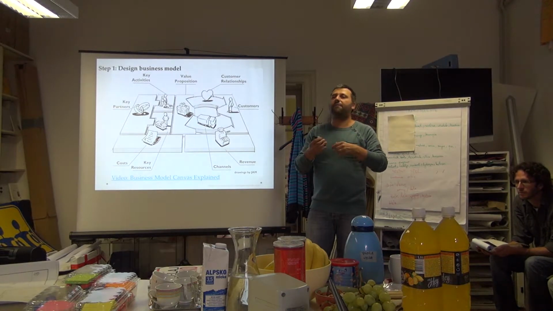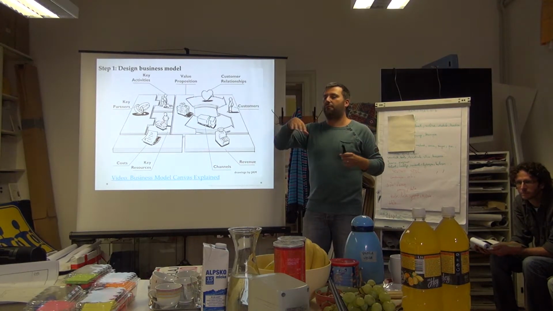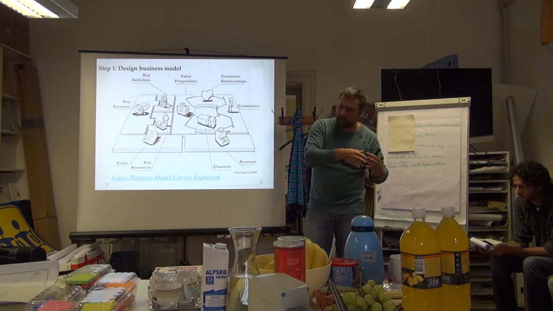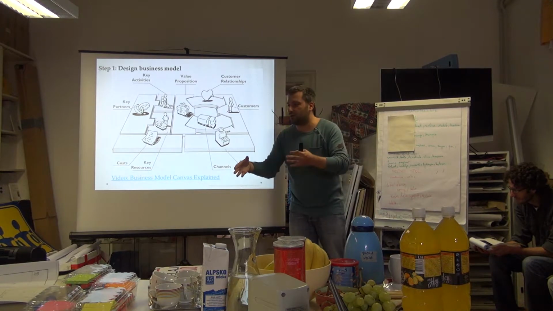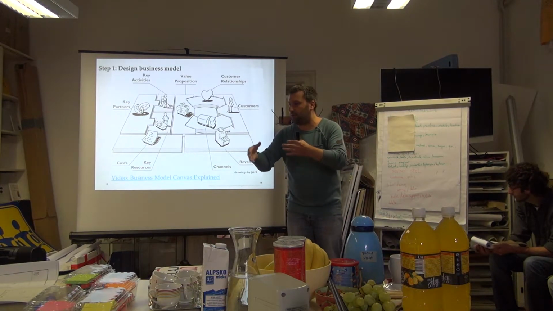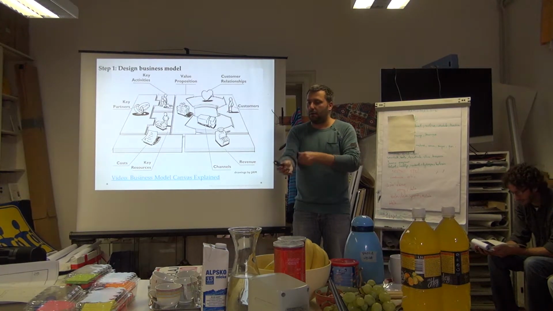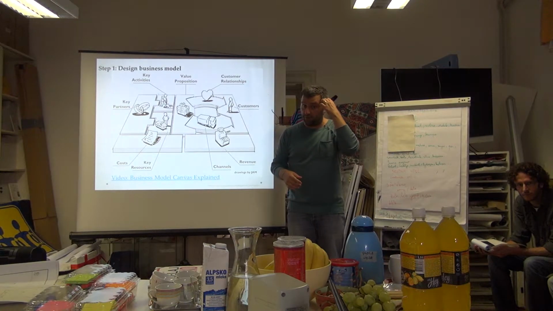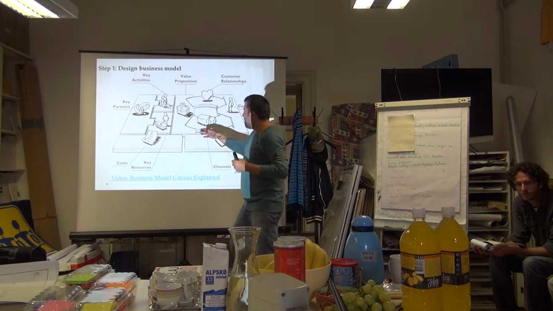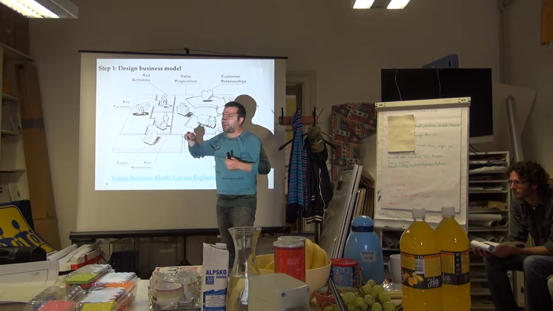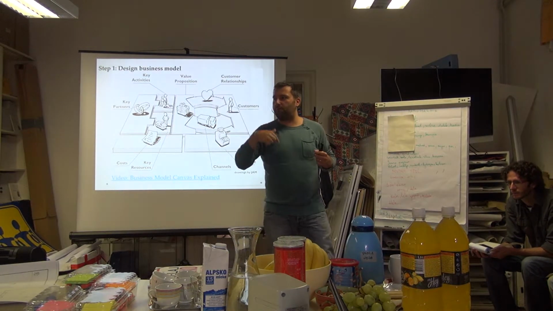Or let's say you will sell food on the street, you need a kitchen to prepare the food, and then you need a bicycle or a car, which is somehow customized so that it will allow you to sell the food on the street. So this is all the key resources you need, and of course resources are, let's say, material and non-material.